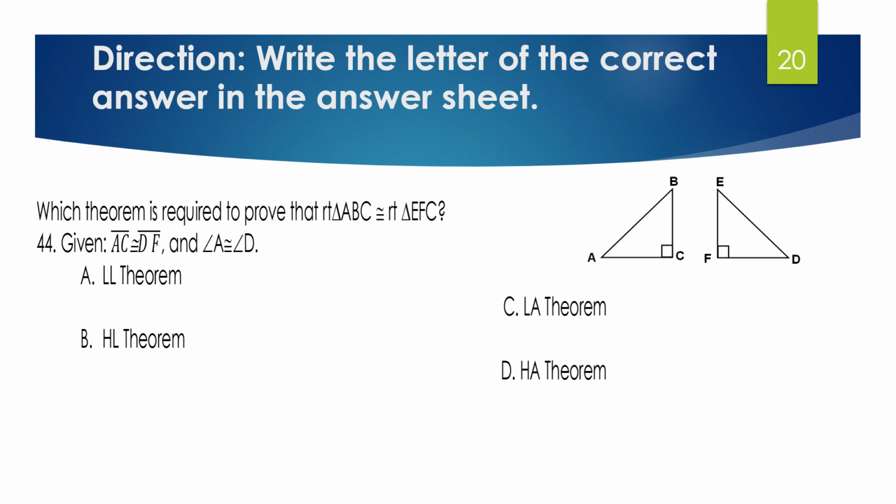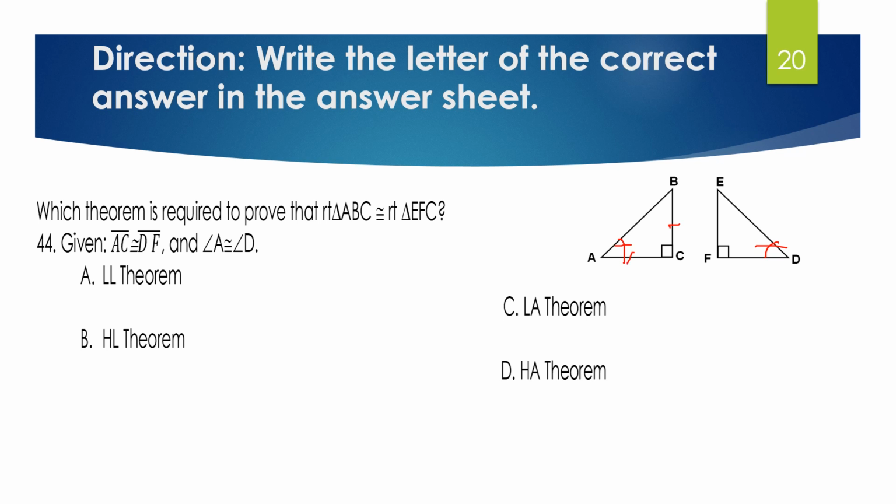Next, which theorem is required to prove that right triangle ABC is congruent to right triangle DEF? Given AC is congruent to DF and angle D is congruent to angle A. These are congruent angles.